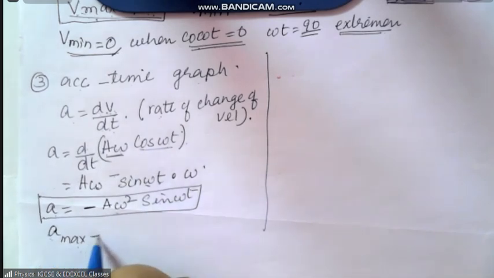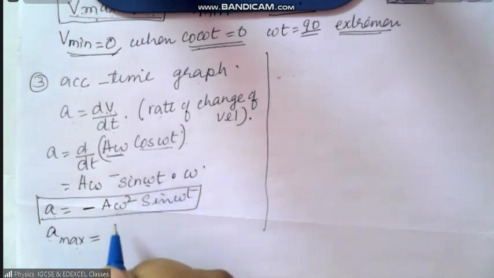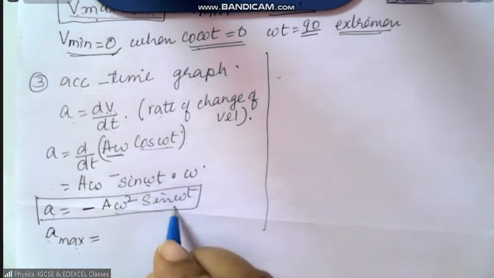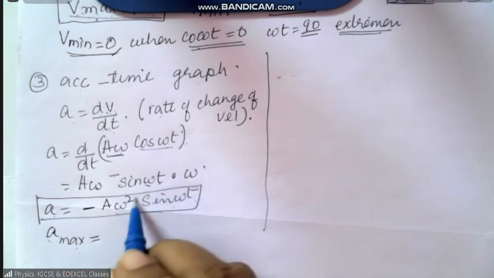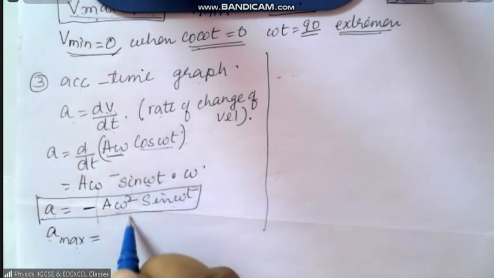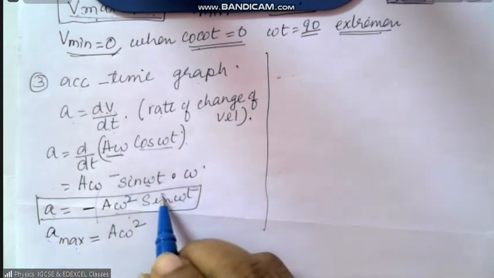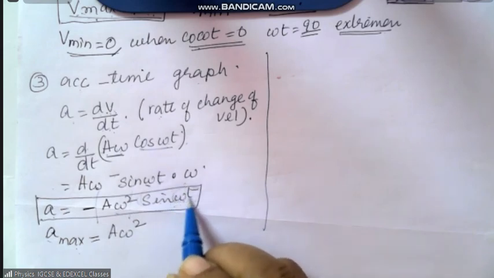When is acceleration maximum? When sine omega t is 1. Sine omega t is 1 means the magnitude of maximum is A omega square. And when is sine omega t 1? When this is 90.